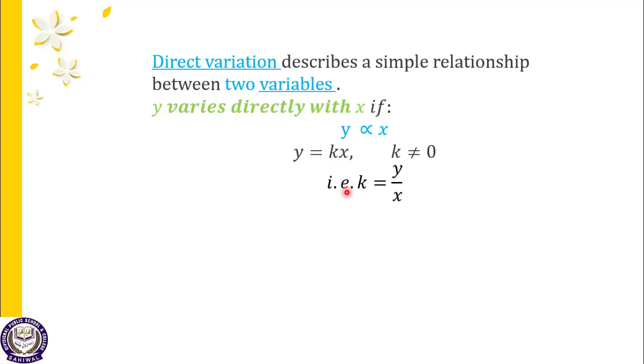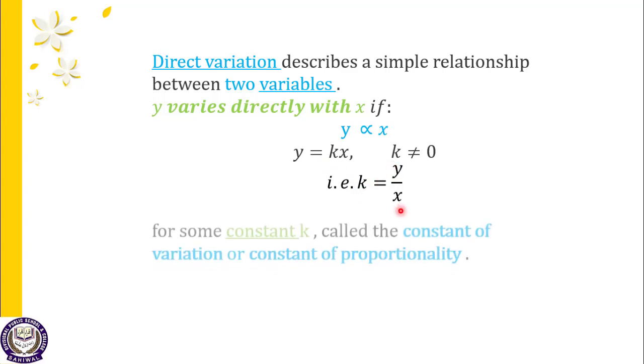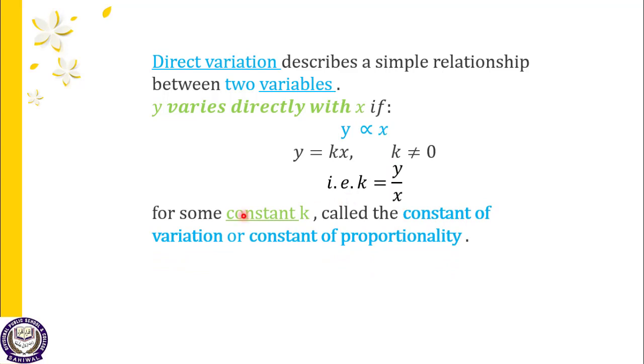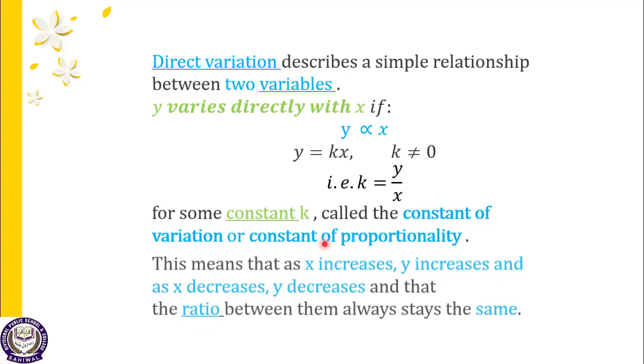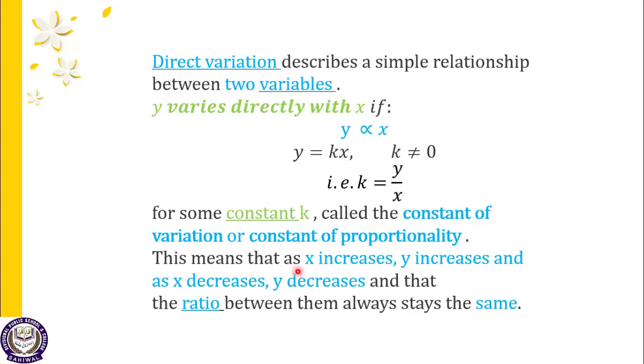We can find the value of k by changing this equation to the form k is equal to y over x. This k is called the constant of variation or the constant of proportionality. This means as x increases, y increases, and as x decreases, y decreases, and the ratio between them always stays the same.